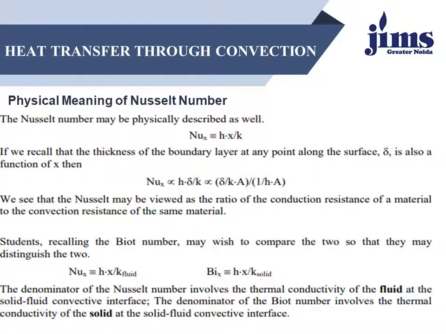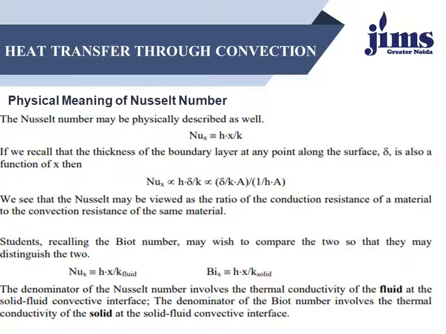Heat transfer through convection. In convection heat transfer, different types of dimensionless numbers are generally used. It may be Nusselt number, Grashof number, Prandtl number, Weber number. In case of forced convection, the Nusselt number is generally a function of the Reynolds number and Prandtl number.